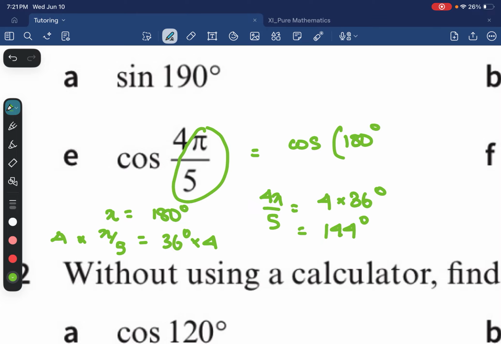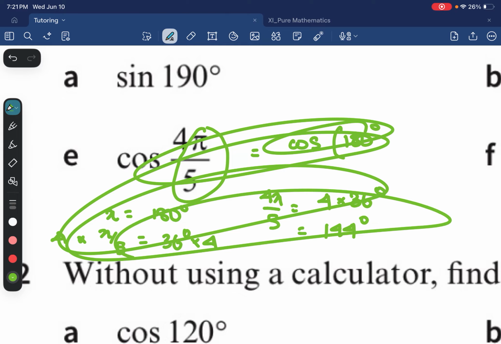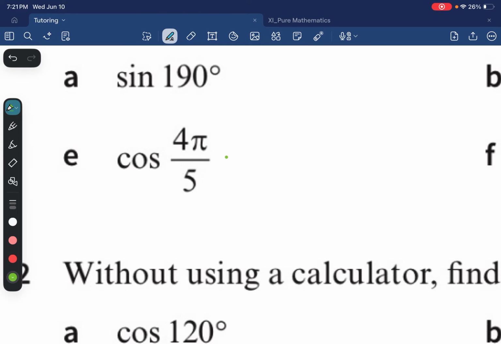So I can write this as cos 180 degrees, but you have to convert it back to radians usually. So it's also okay to think about it in radians actually, because if you change to degrees, you have to work on converting back to radians. If you're more familiar with working with degrees, then please convert and convert back. But here's what I'm going to do.